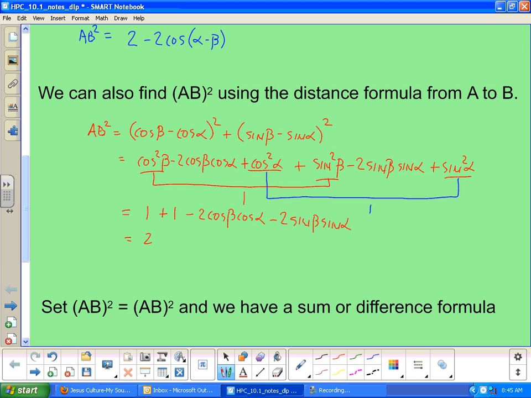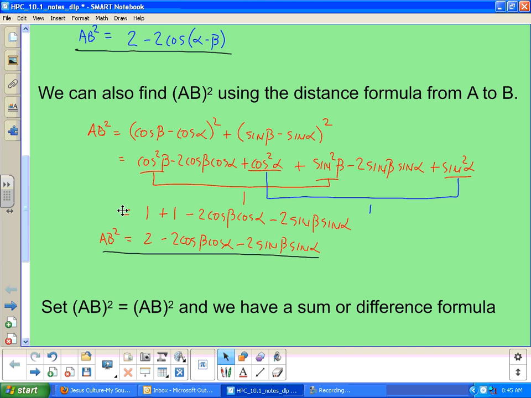Simplifying it, 2 minus 2 cosine beta cosine alpha minus 2 sine beta sine alpha. And now we get AB squared using the distance formula. So we take those two values for AB squared. We have that one from the law of cosines. We have this one from our distance formula. And now we set them equal to each other. So we're going to have 2 minus 2 cosine alpha minus beta.